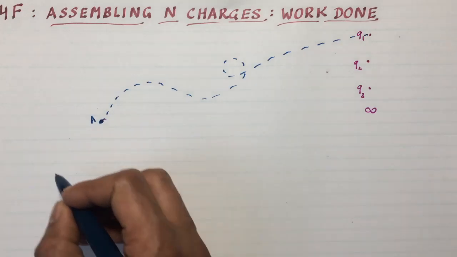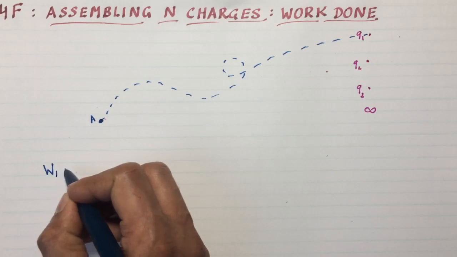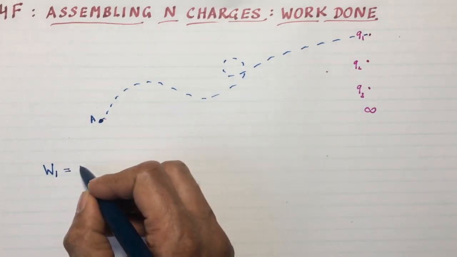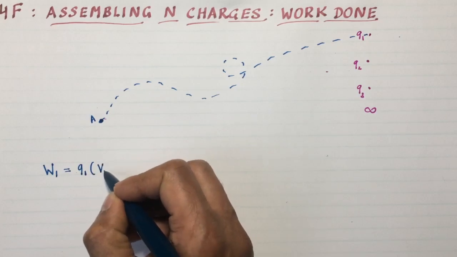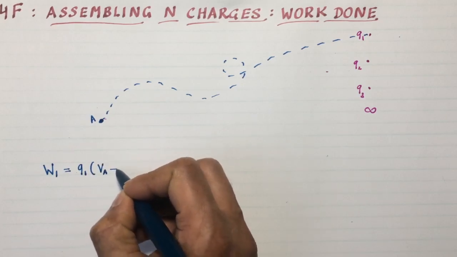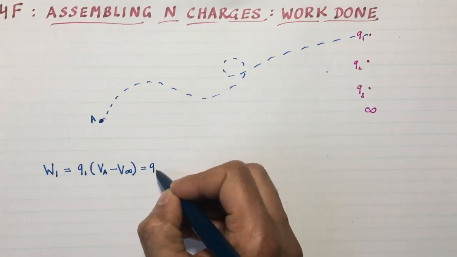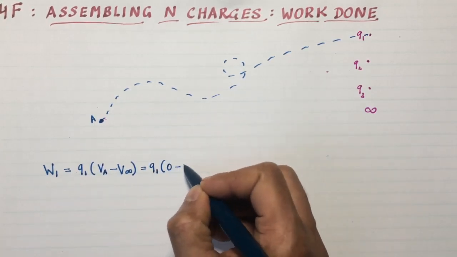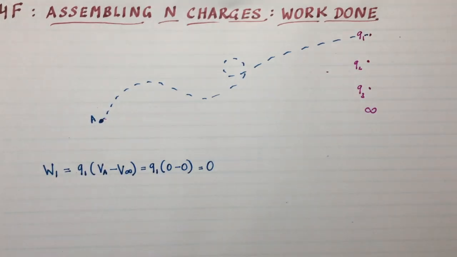So the total work done bringing the charge Q1 in, which I'll call W1, is just going to be Q1 times the change in voltage, which is the final voltage minus the initial voltage. And so that's going to be Q1 times 0 minus 0, or 0 joules. So there's no work done. The first charge is free.